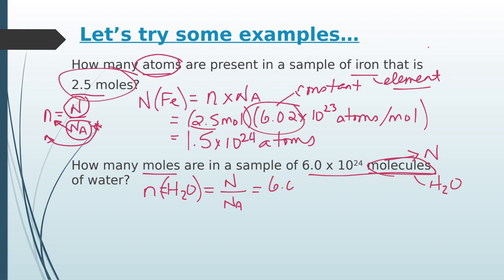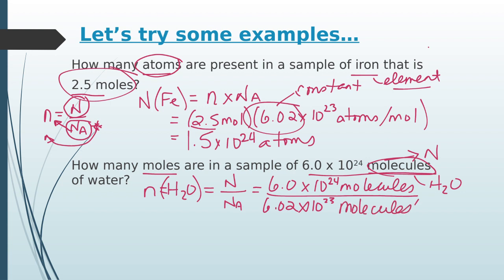So we have to switch the unit from atoms to molecules. So 6.0 times 10 to the 24 molecules, divided by Avogadro's number, which is 6.02 times 10 to the 23. And this unit is, again, a per mole unit, but it's going to be molecules per mole, because I am dealing with a compound.